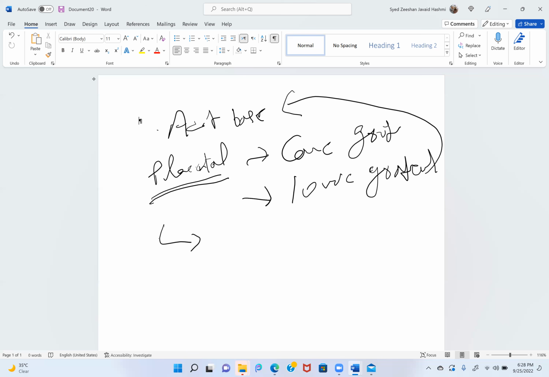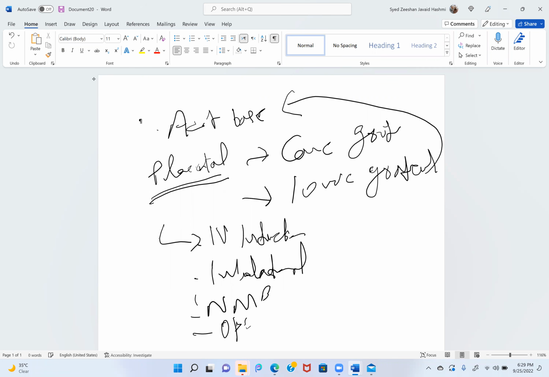We are considering this with reference to the baby. Now just think about it. Is there any problem with the IV induction agents or inhalational agents or neuromuscular blockers, with reference to babies, or any opioids, NSAIDs? These are usually given to any other patient. Local anesthetics. Is there any effect on the baby?